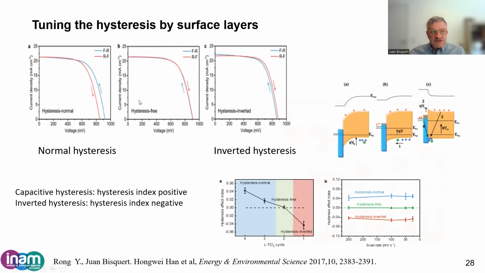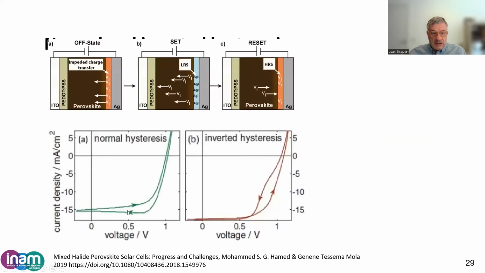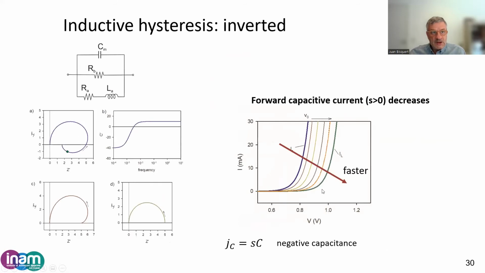But then another behavior was found in which, instead of the forward being below the reverse in the photocurrent, it's the other way around, and this is called inverted hysteresis, where the hysteresis index becomes negative. And we have these two cases, as I said before, and we want to distinguish them.